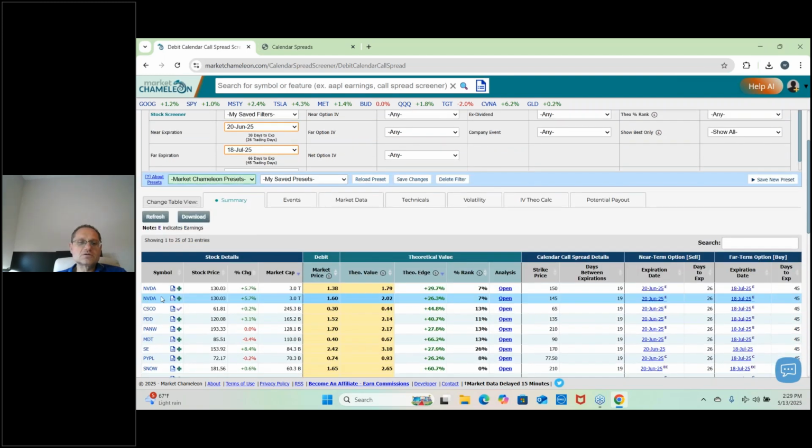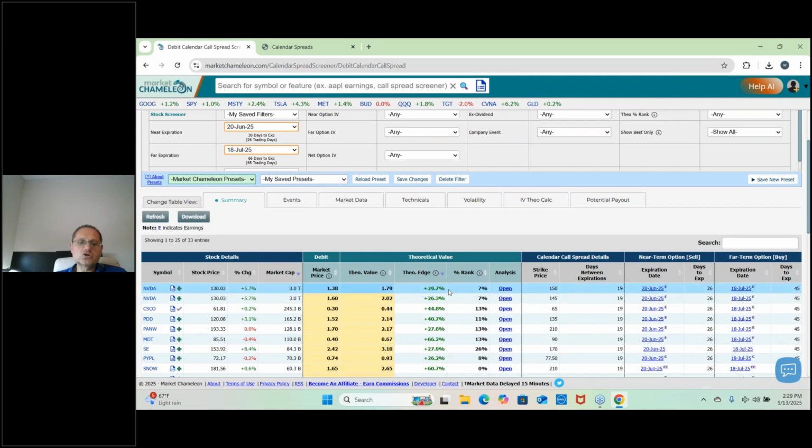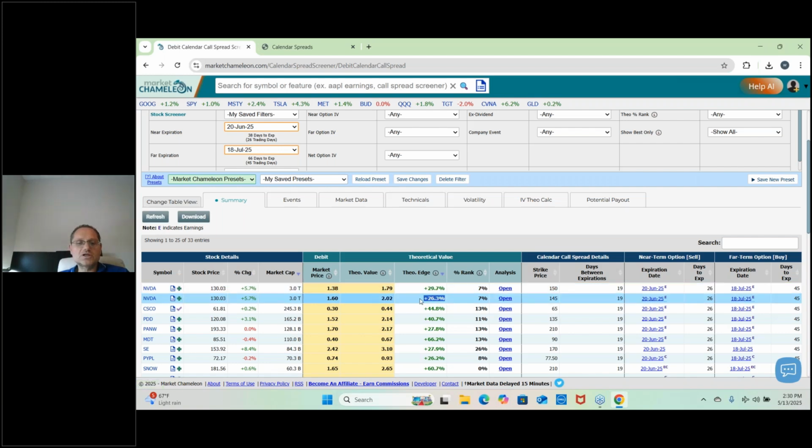You can see here, now it shows us where the current price is priced. The markets are priced on the lower end of the historical range, giving us a 29.7% theoretical edge.